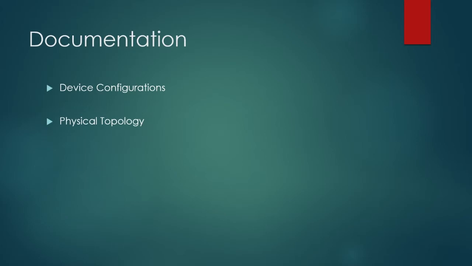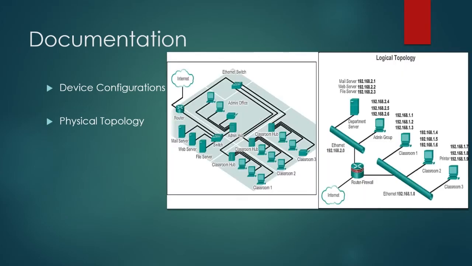You also, on the other hand, want to have documentation for the logical topology. And the logical topology is more focused on the networking aspect of things. It's going to be focusing on the IP addresses and the things that are required to be able to move packets around your network.